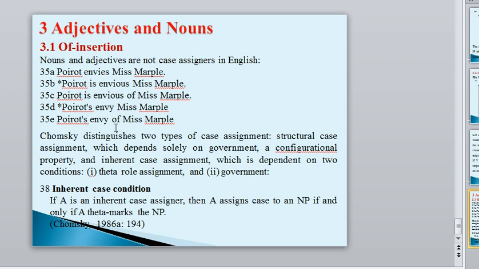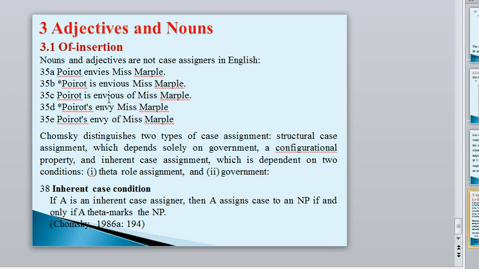But if we add a preposition like of here, Poirot's envy of Miss Marple, our sentence is correct, because the preposition of can assign case to the NP, and it's not ungrammatical.